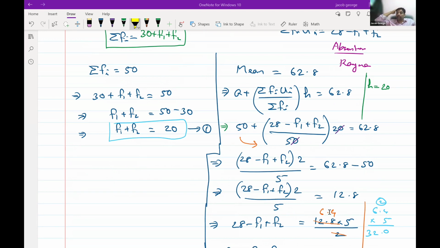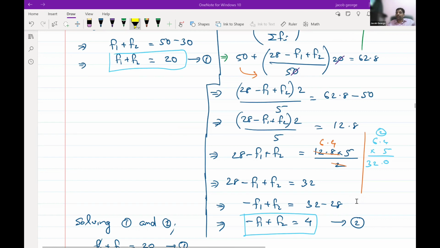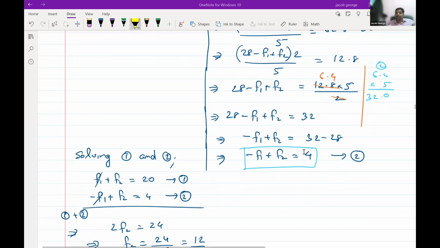Then we cancel out, and from here we get minus f1 plus f2 is 32 minus 28, that is 4. Equation number 2.